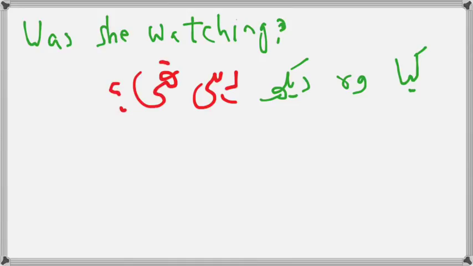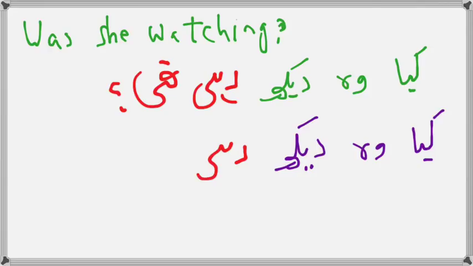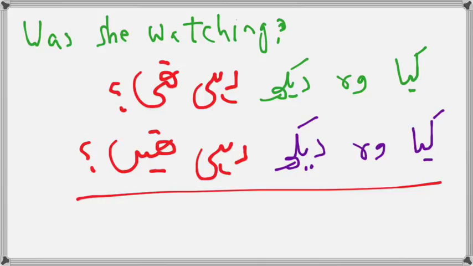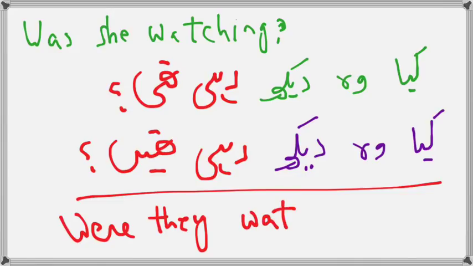And formal version is क्या वो देख रही थी, when we want to show some respect. And this version is also used when we are talking about were they watching, when we are talking about a group of female. Were they watching?